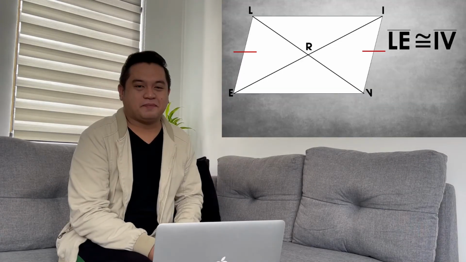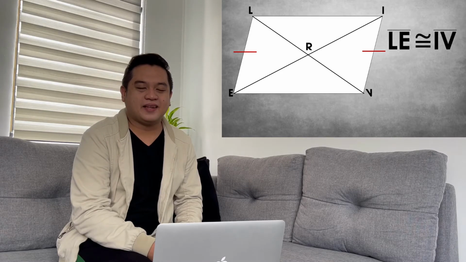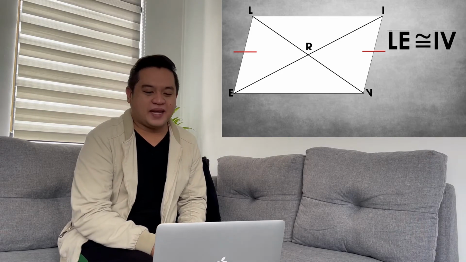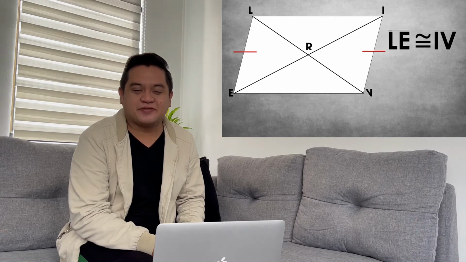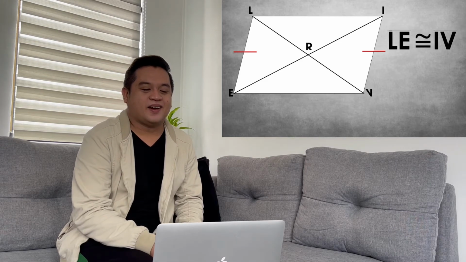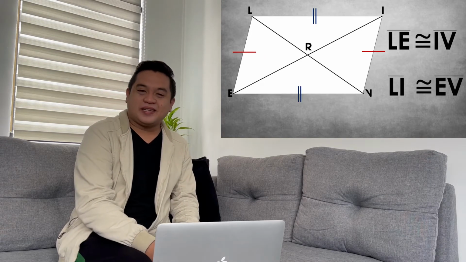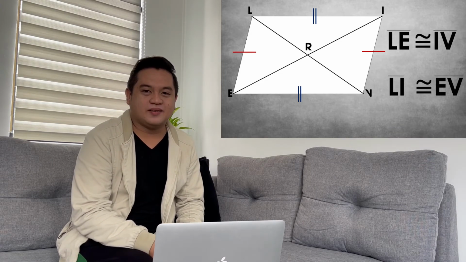From this given parallelogram, we can say that line segment LE is congruent to line segment IV. Can you give me another pair of congruent sides? Alright, so we can say also that line segment LI is congruent to line segment EV.